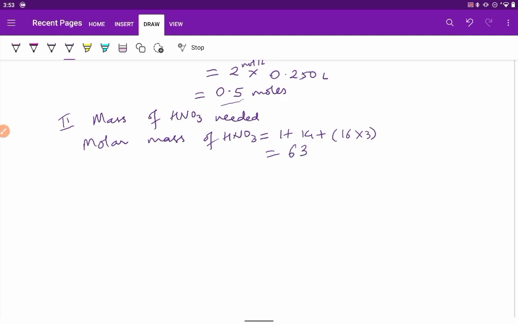This is 63 grams per mole. Now we know that number of moles is mass by molar mass. Mass divided by molar mass.